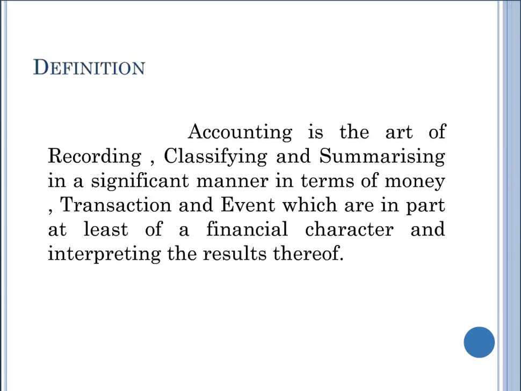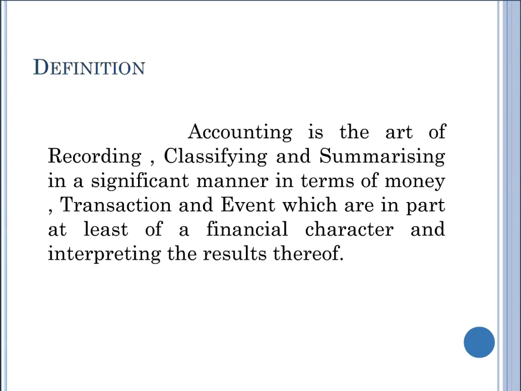So we can say accounting is the art of recording, classifying, summarizing. How? In a significant manner. This concept we will see a little later. It's called materiality concept. In a significant manner means all important things have to come. And in terms of money. That is the money measure concept.